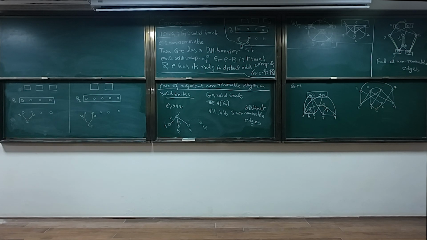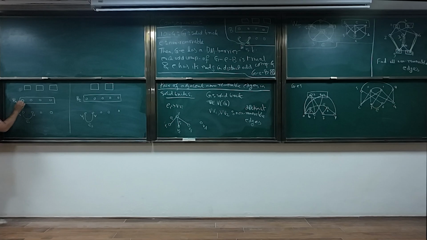So let's try to figure out where these vertices are in the other drawings. Right? So we know V and V1 are here. Where is V2 in this drawing? It has to be in the barrier. V2 has to be in the barrier. And there's also V3. Where is V3? Also in the barrier. Yeah?